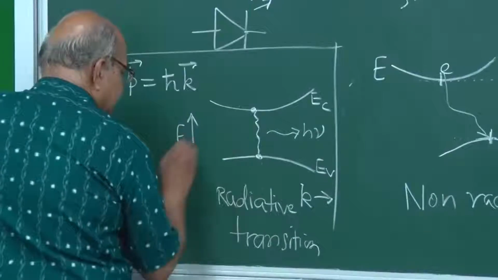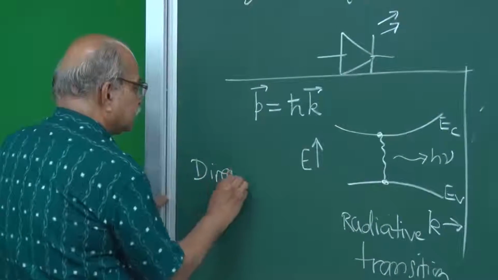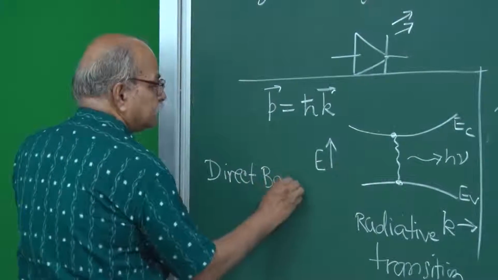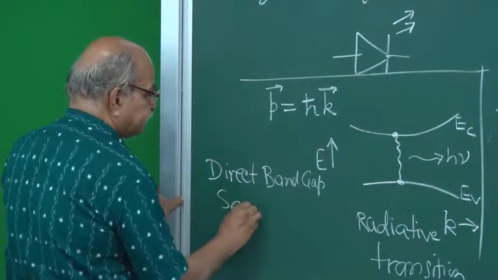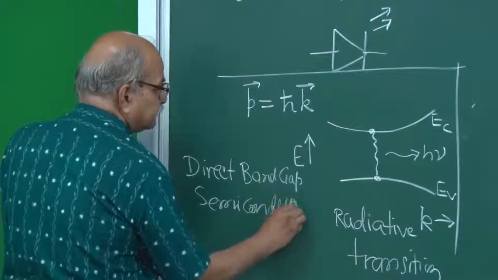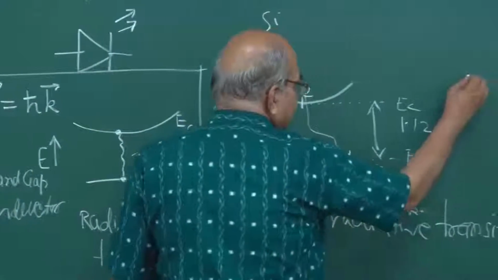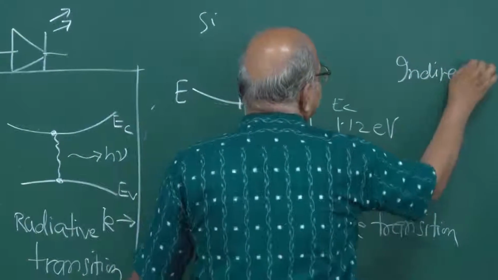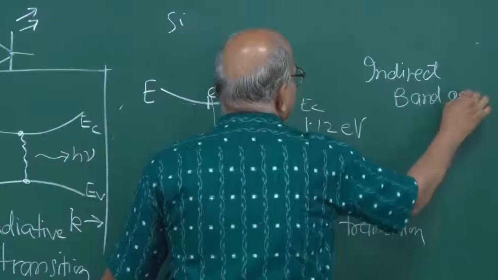Such semiconductors are called direct band gap semiconductors, and these kind of semiconductors are called indirect band gap semiconductors.